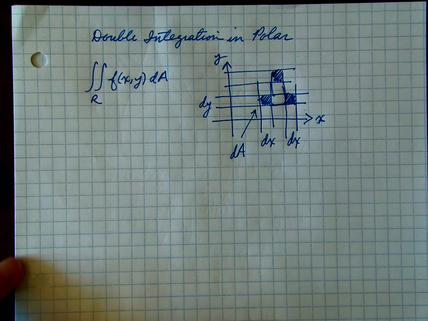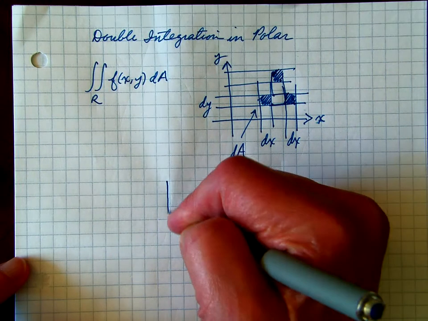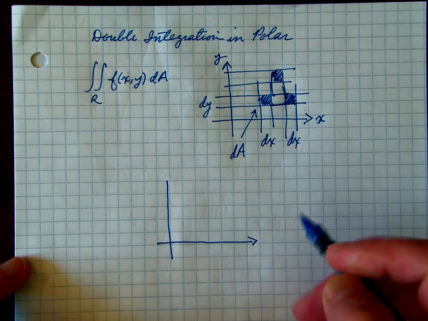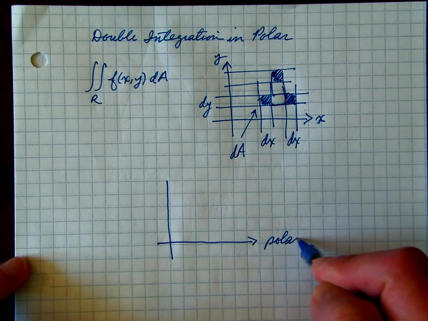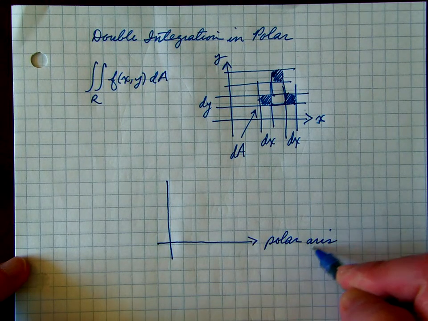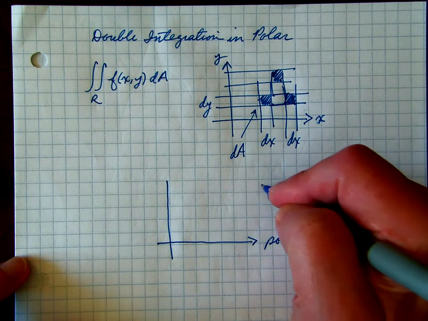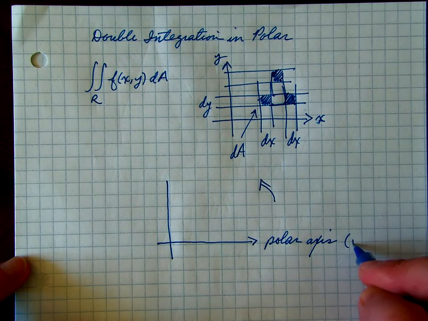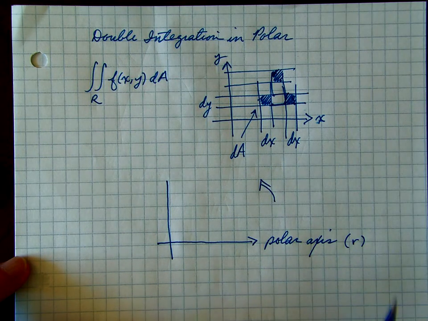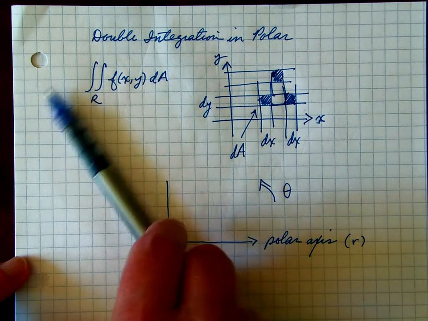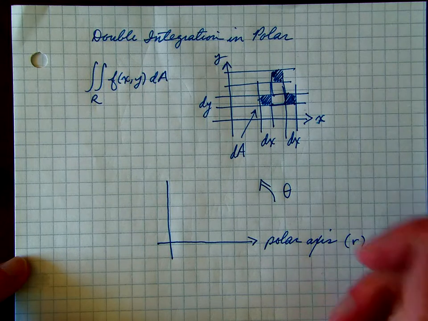On the other hand, let's talk about polar. If you have a polar coordinate system, you know that this is now the polar axis, which is traditionally identified with the x-axis, and we are measuring, in addition to r, which is the variable associated with distance or radius, we also have theta, which is the angle measured counterclockwise.